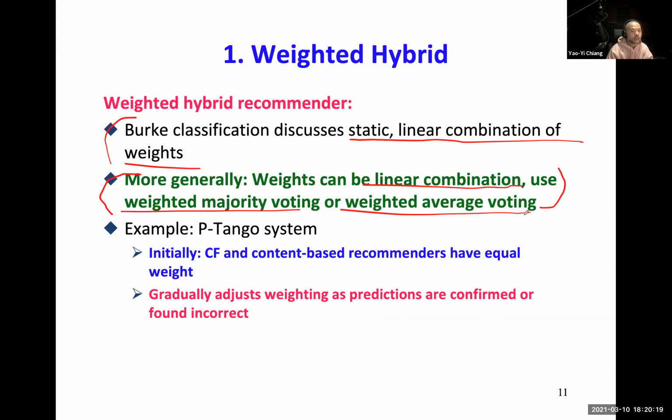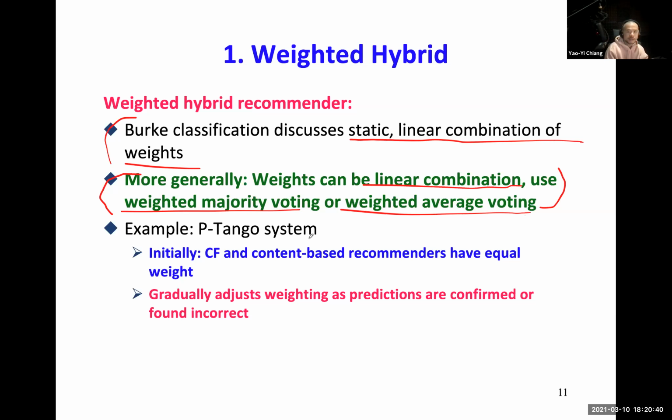Or sometimes people use dynamic weighting, where the weight changes over time once you have more training data and see how users respond to your recommendations. But the problem is you would need to take more time to process and update your system.